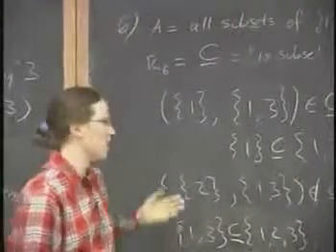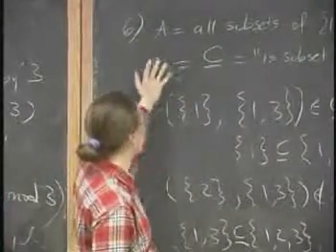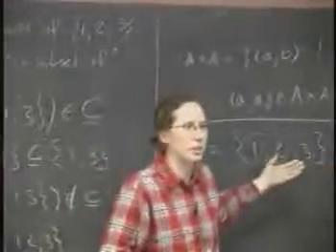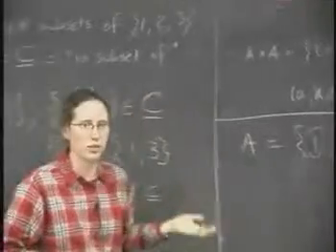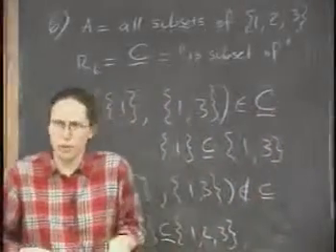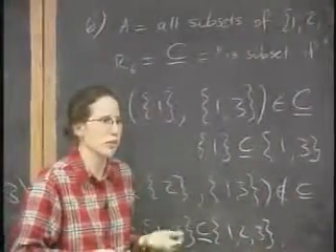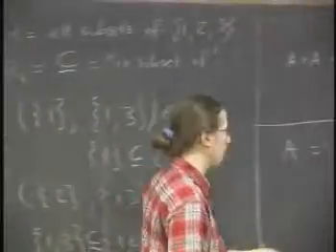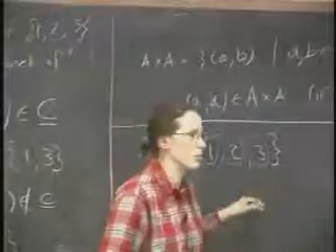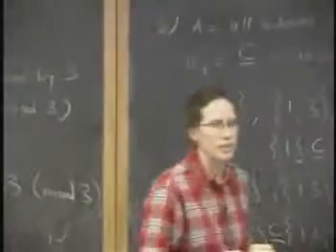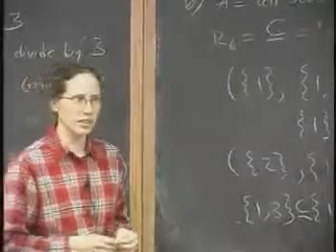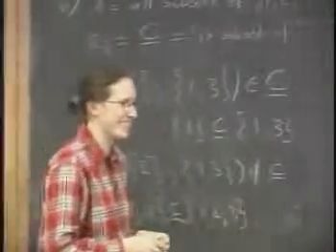Right. I couldn't define a relationship on the set {1, 2, 3} such as 'is a sibling of', because it doesn't make sense to ask whether 2 is a sibling of 3 or not. So the relation has to make sense in your universe, whatever your universe is. And in this case, if we just have the set A equals {1, 2, 3}, then 'is a subset of' doesn't make sense on the universe of 1, 2, and 3. Unless you're a set theorist, but we won't go there.